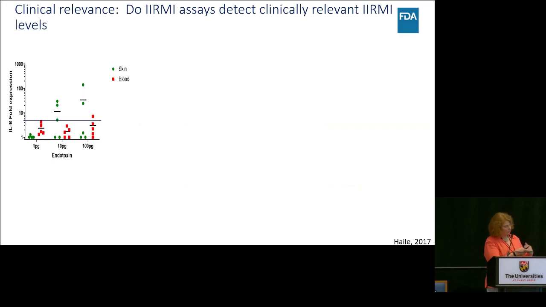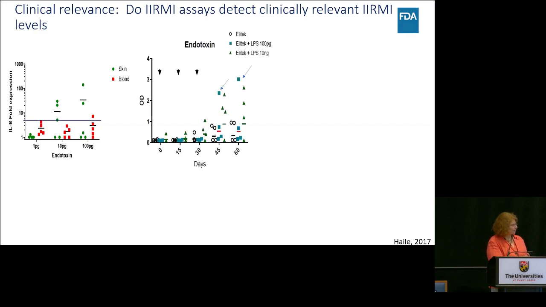So we went back and we said, well, what level of stimulation could correspond to increased antibody production? And I'm showing you the example for endotoxin, where alone, as little as 10 picograms of endotoxin inoculated led to a detectable level in situ of IL-8. And you will see that the in situ effect is actually maybe more relevant than the systemic.